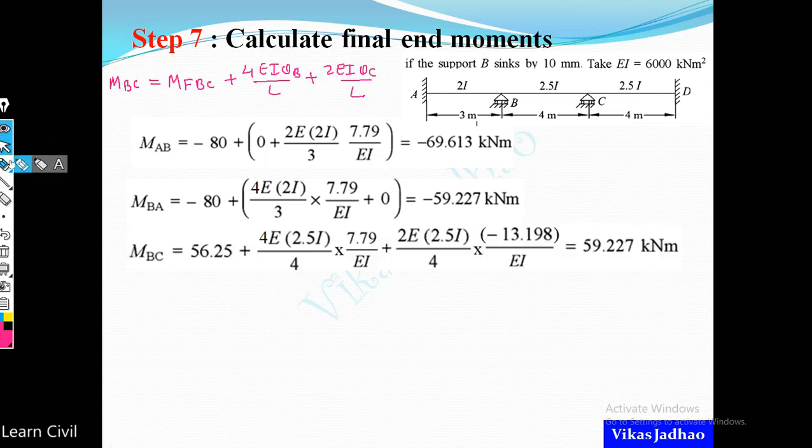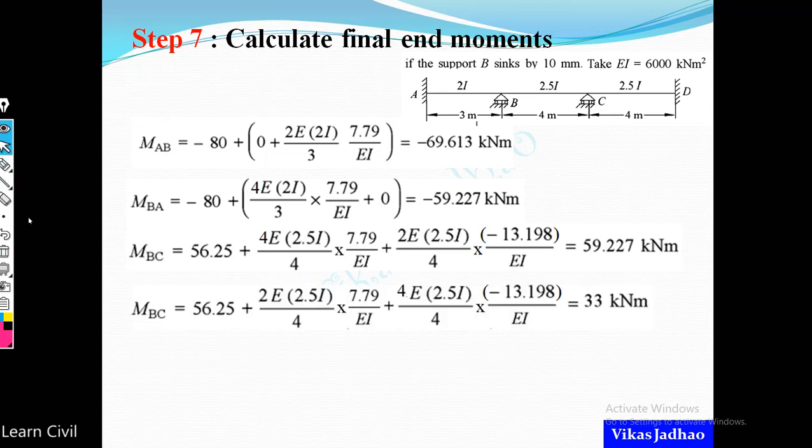We get MBC like this, that is this is the fixed end moment, this is 4EI theta B plus twice EI theta C. So we get the value of MBC equal to 59.227.